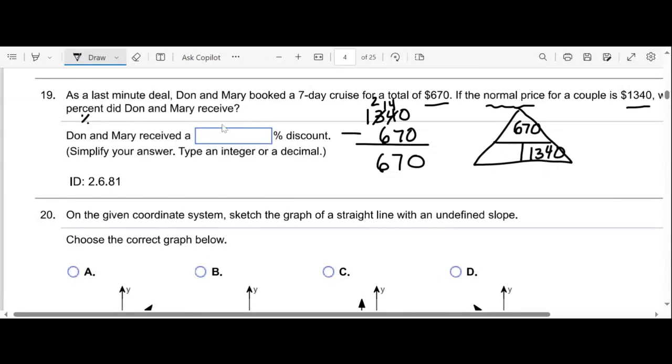So if you divide this by this, what are you going to get? 1/2. Which is how much? 670 over 1340. They give you what? 0.5. You convert this to percentage, it becomes what? 50%. Clear?